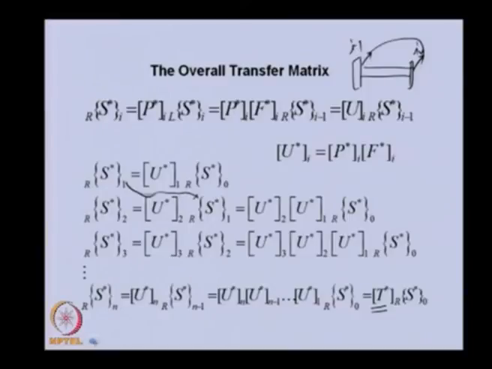If we want to plot the linear displacement, we can pick up the linear displacements from the various state vectors and plot them, or if we want the angular displacement, we can pick them up from these state vectors. So we have seen how to obtain the natural frequency and the mode shape.